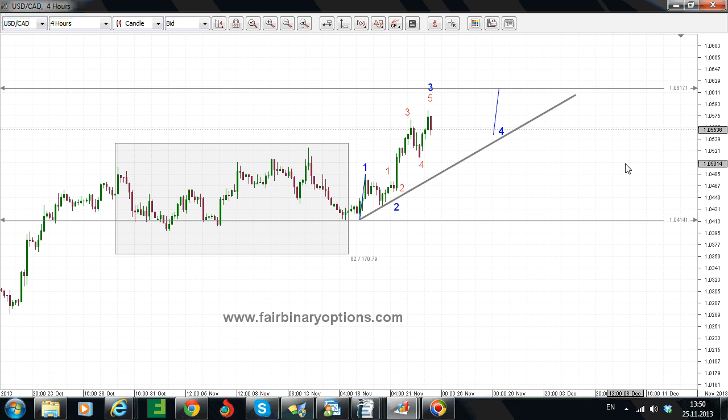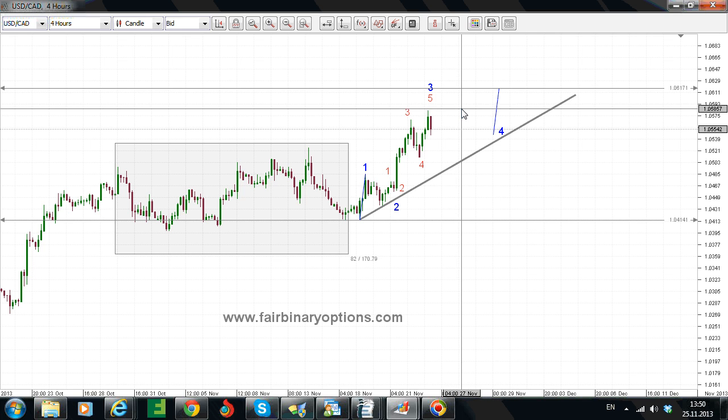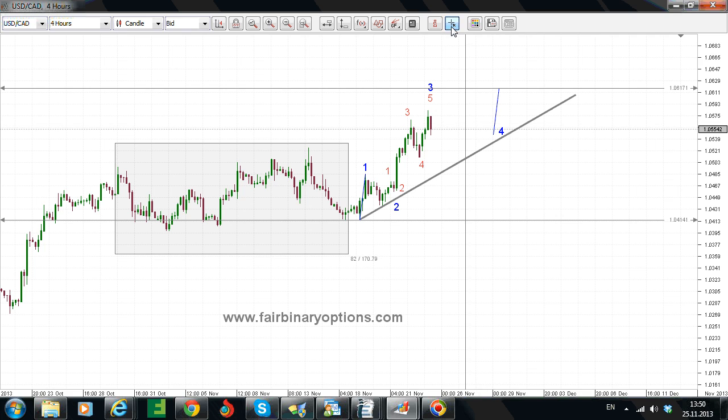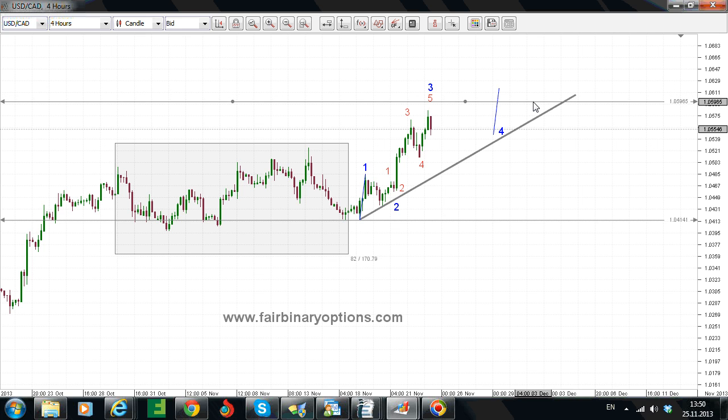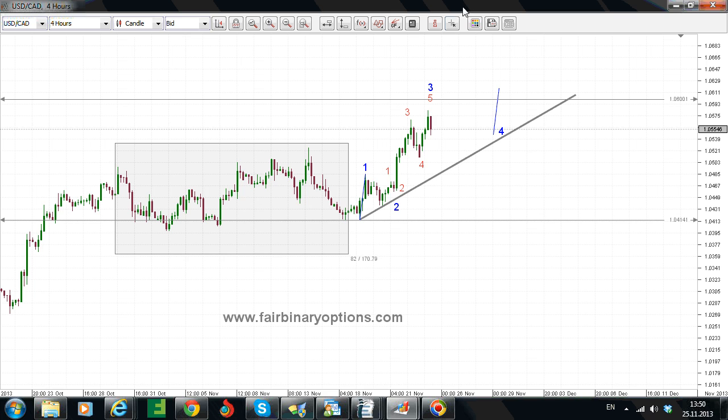I will go 106. The highs here were, let's see, 105.83. I would go 106 because we don't know the retracement level for the fourth wave. So in order not to miss that one, or maybe if you don't want to enter directly at the market, wait until price reaches 106 and then engage into buying the puts.